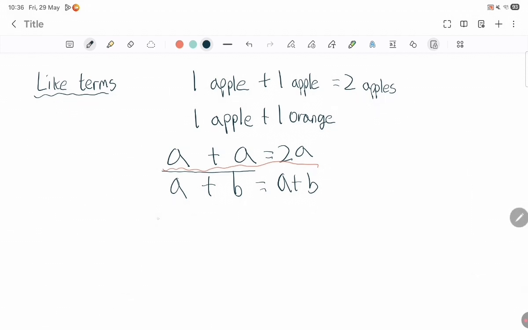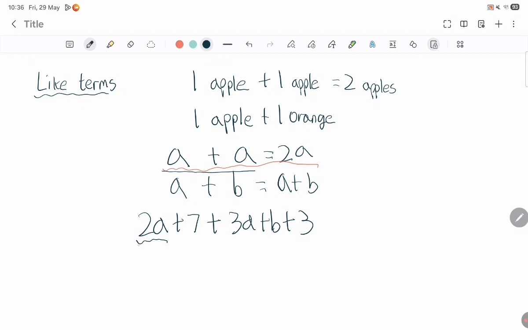Let's see this one. 2a plus 7 plus 3a plus b plus 3. Let's see this expression. When you think about 2a, we have done this a lot of times. There's multiplication going on between this number and this variable.